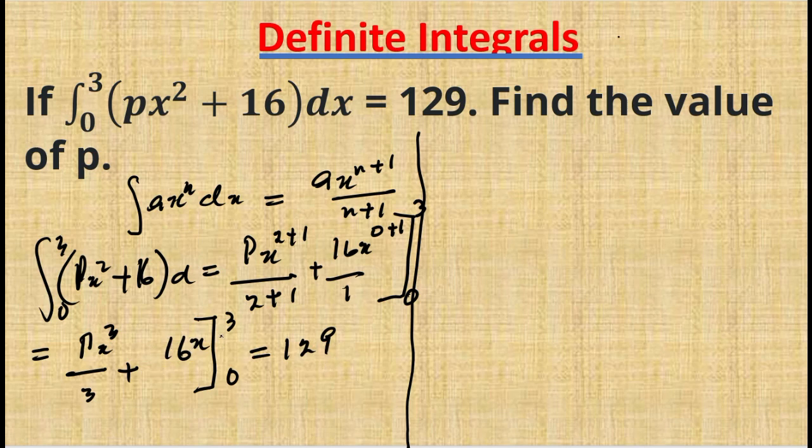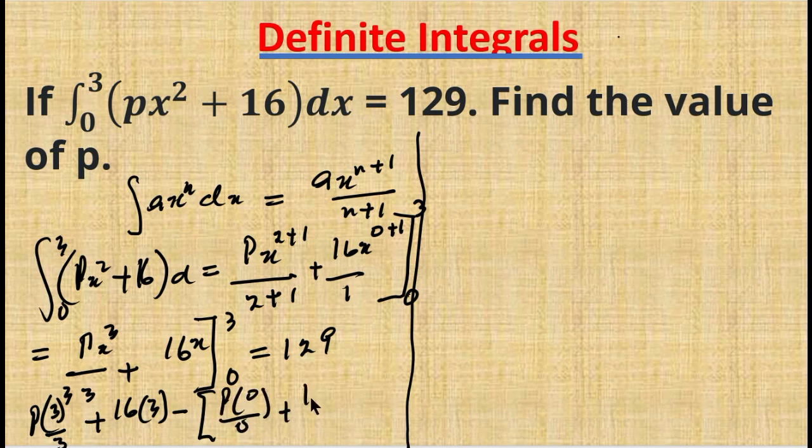Now we can begin to substitute for x. That is p into 3 raised to power 3 over 3 plus 16 into 3, minus, we now pick the 0, that will be p into 0 over 0 plus 16 into 0.